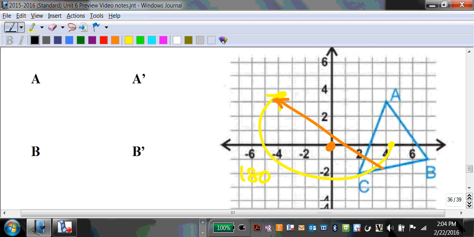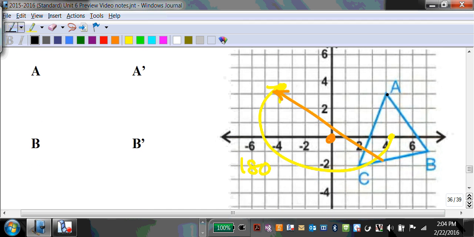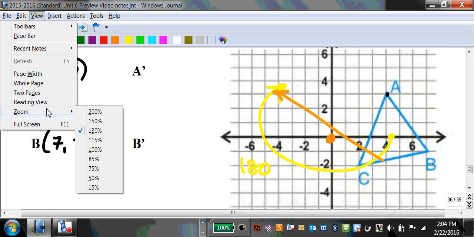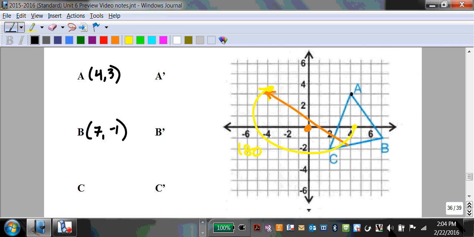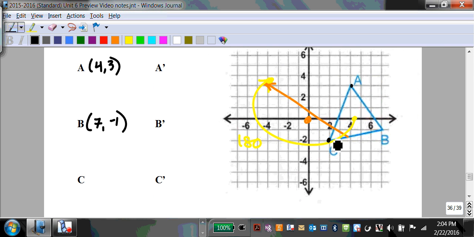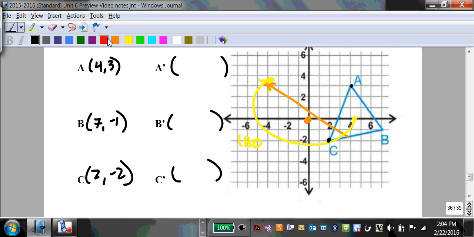So the same three coordinates we've been working with here. And if we're going to flip over the origin, you simply opposite both coordinates.